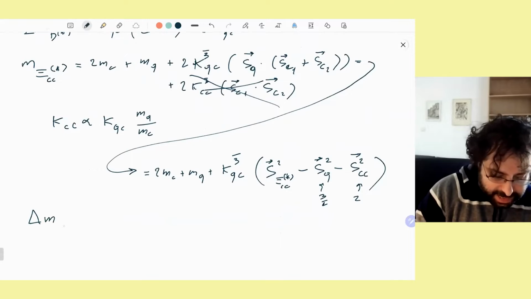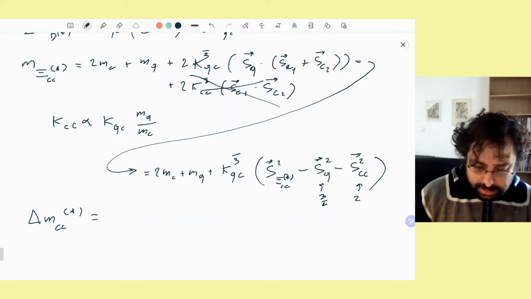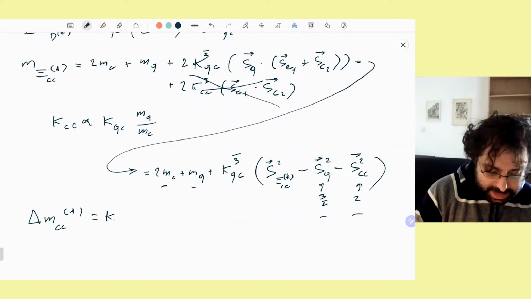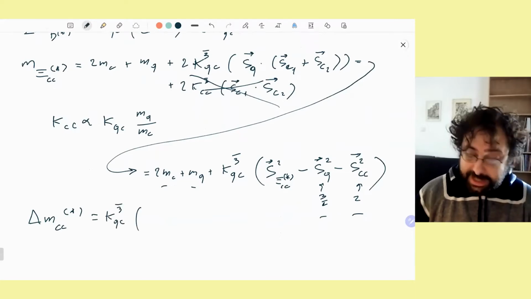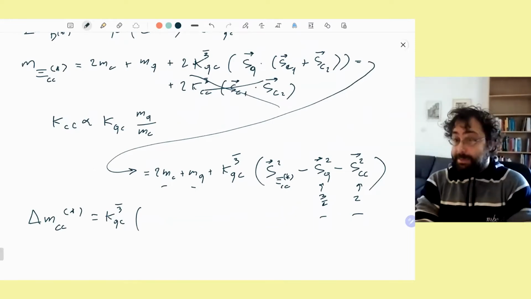So this delta M_CC star is what? All these numbers are the same. The only different thing is the spin. So we're going to get, as in the previous case, K_QC, now 3-bar, times the difference of spin. So the cascade star is spin 3/2.